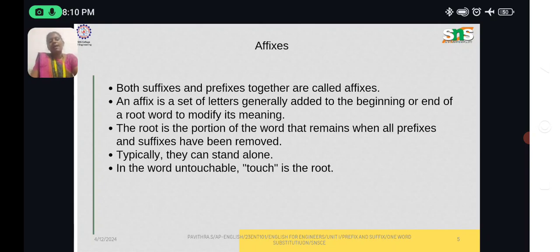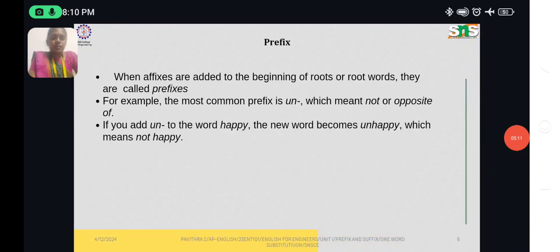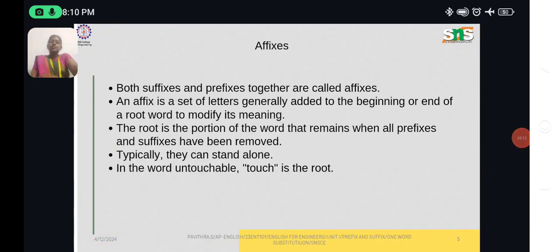So we have added a prefix and suffix to one root word. This is all about the introduction part of word formation, which is nothing but prefixes and suffixes combined together, affixes.